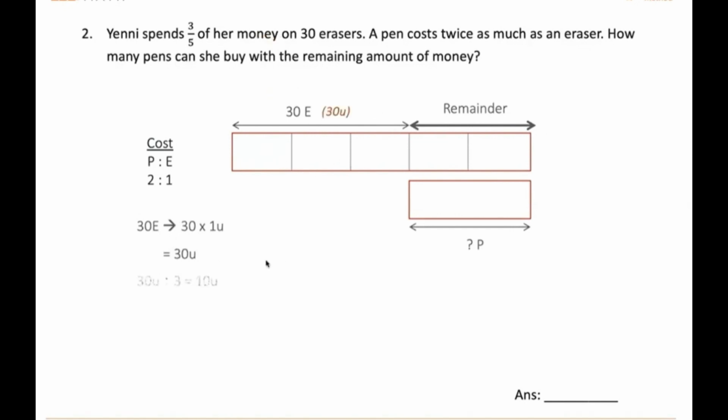So each part is 10 units. Therefore, the remainder will be 10 units here and 10 units here. The entire remainder will be 20 units. Question is, how many pens can 20 units buy? Each pen is 2 units. So 20 divided by 2, you can buy 10 pens. Okay, easy.